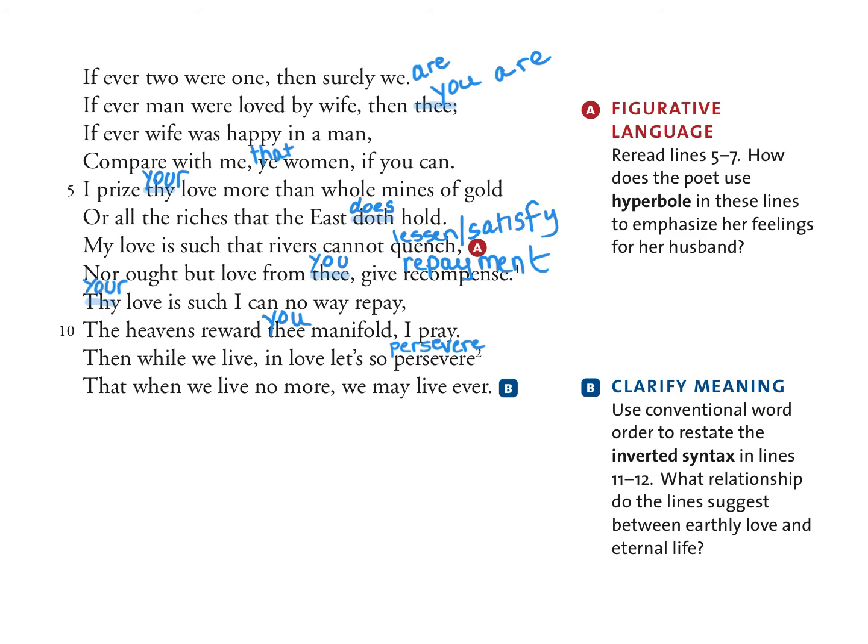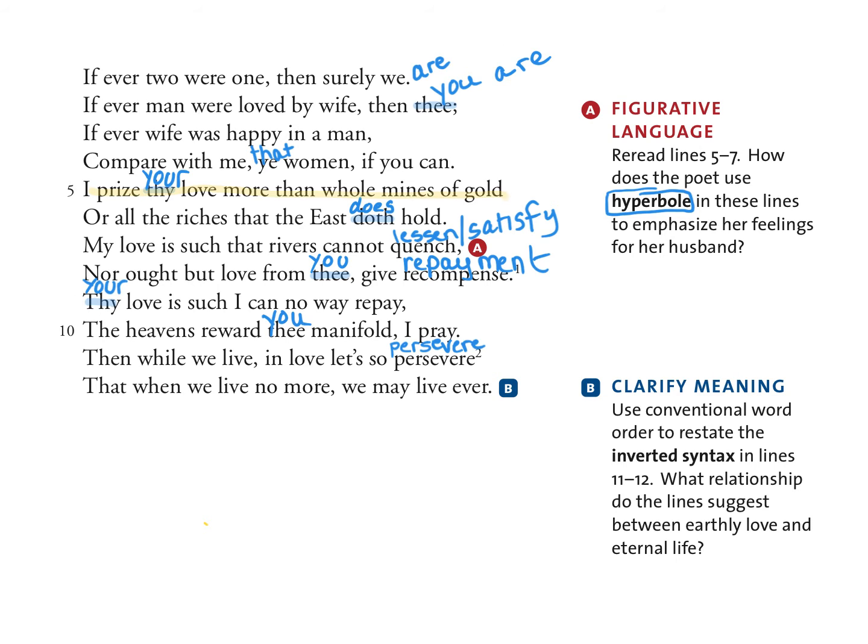Okay? And it asks you then in marginal question A for examples of hyperbole used to emphasize her feelings. For those, I would say look in lines, and I can't see my line numbers because I'm covered with my menu, but I'll just highlight them. Switch to the right tool. I'll highlight them.